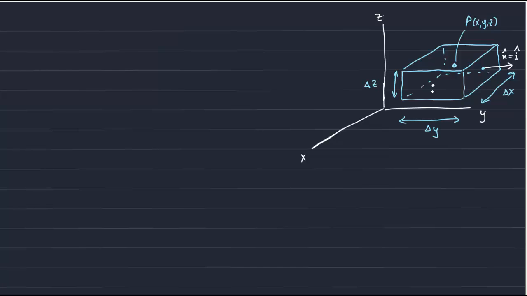On this front face, n hat is equal to i hat. It's pointing in the x direction. And on the top face, for example, n hat is pointing up, and that's equal to k hat. Again, these are unit vectors pointing perpendicular to these front three faces.